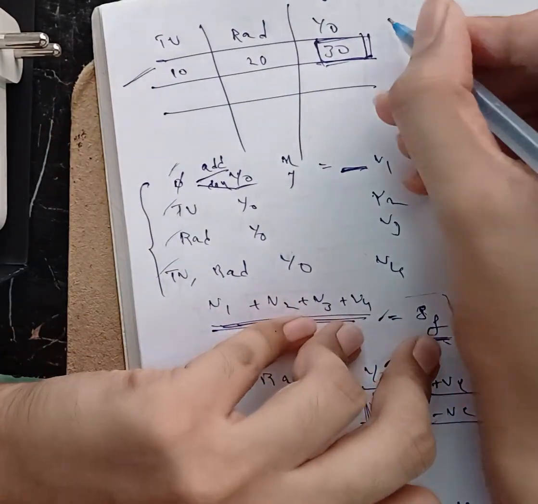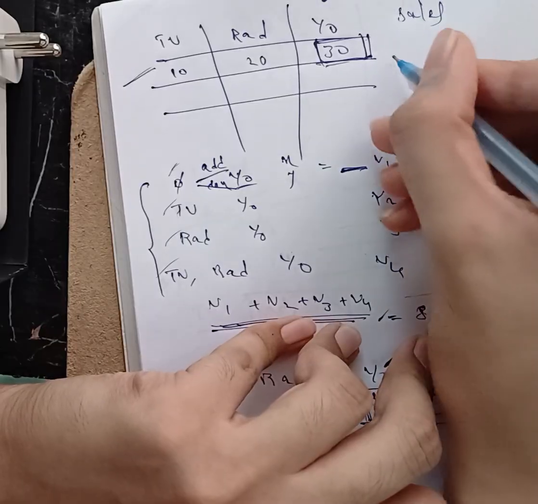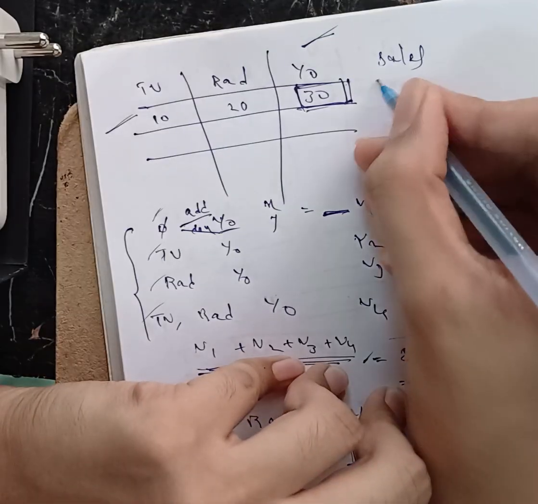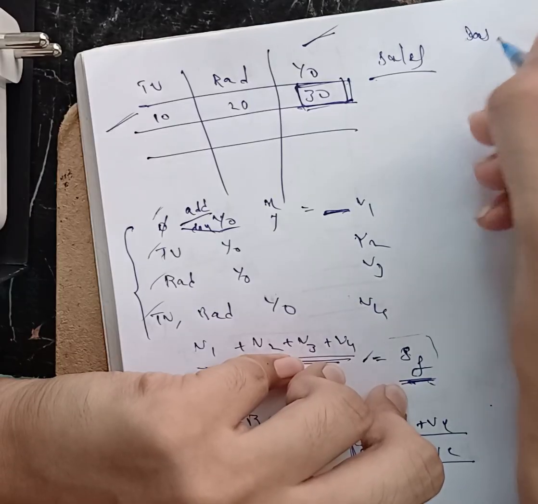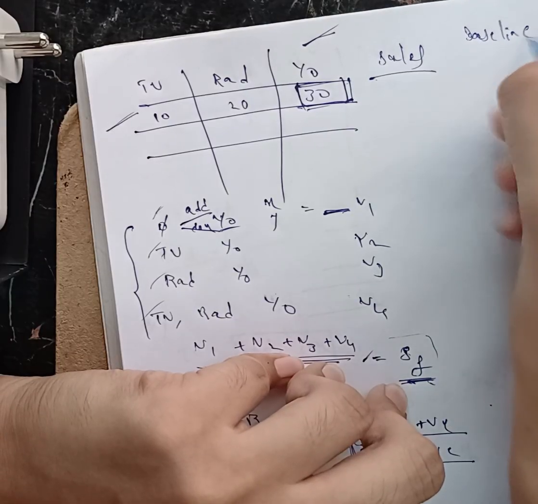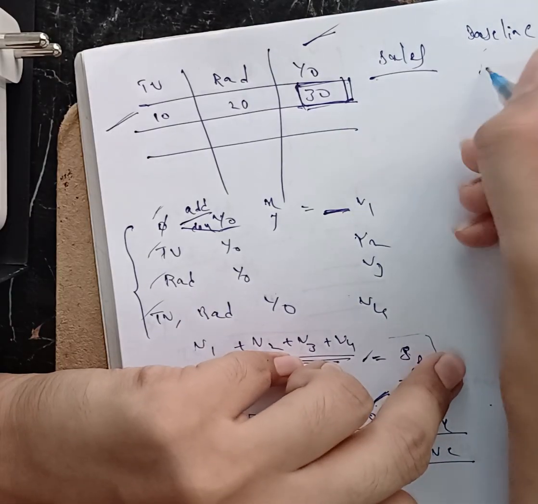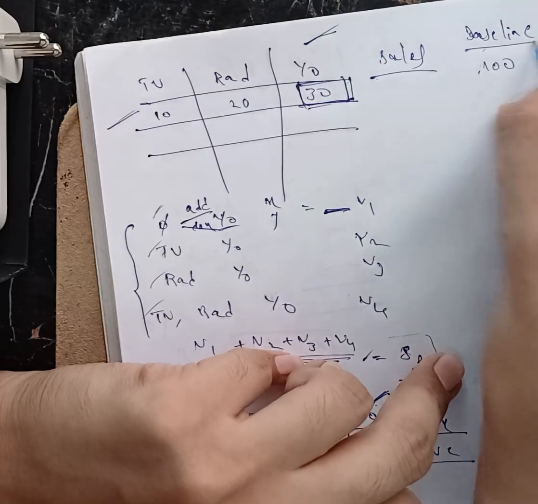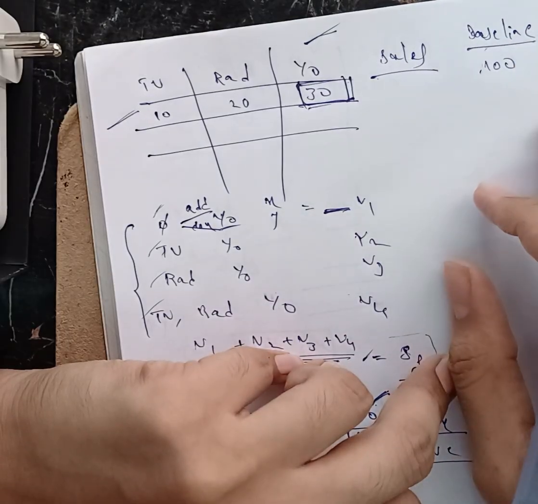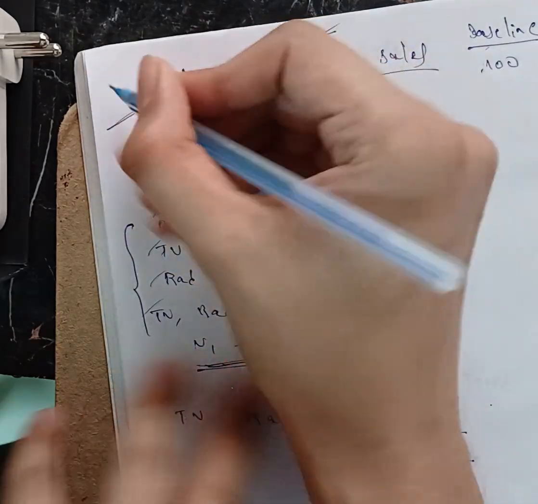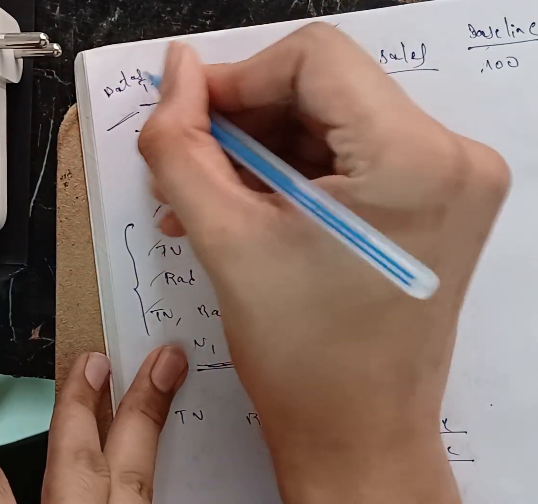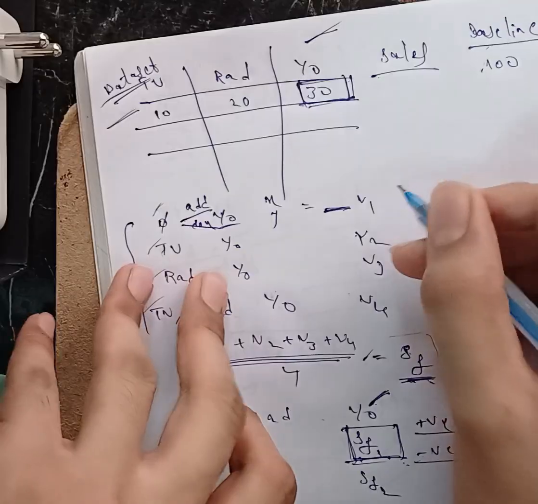we will be having sales also, right? Let's say we have some baseline prediction, and the baseline prediction is 100. So what exactly is this baseline prediction? Let's say this is our data set.